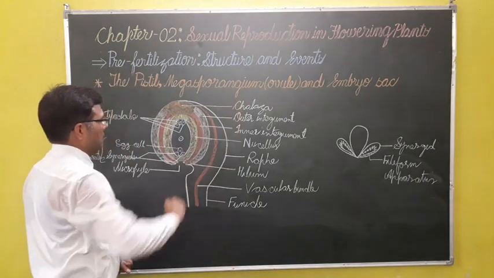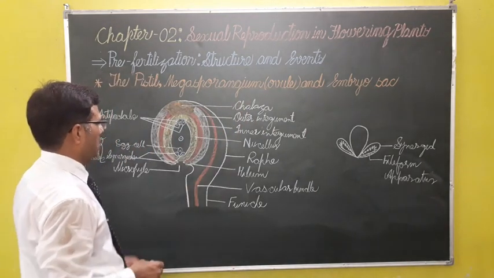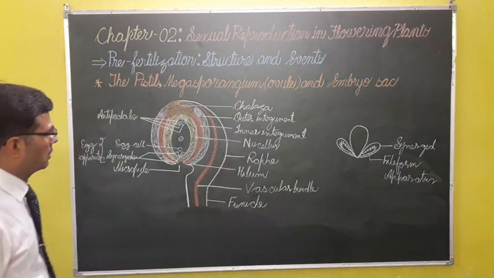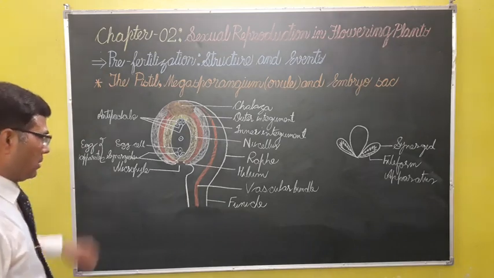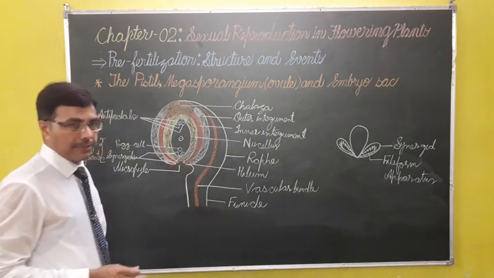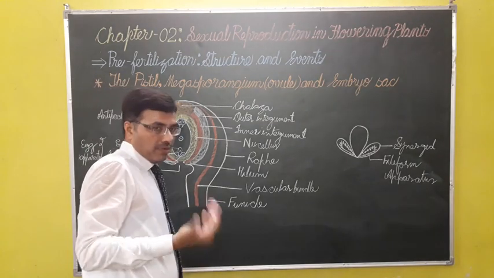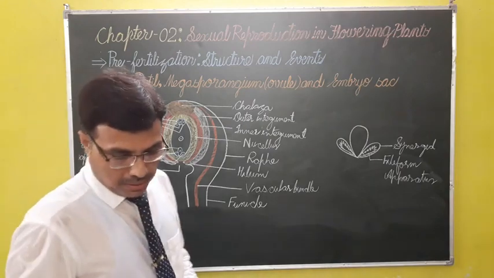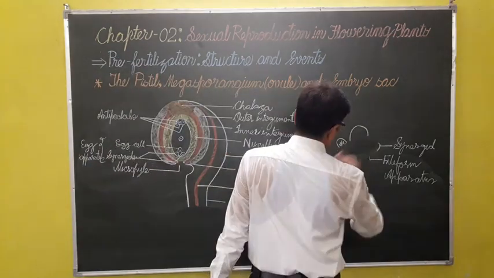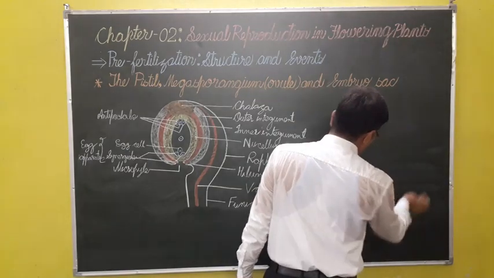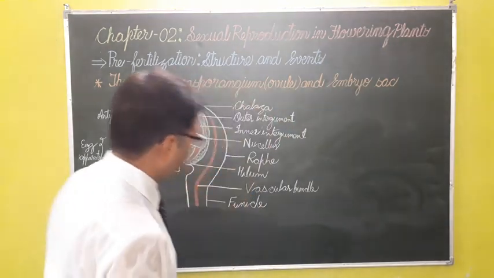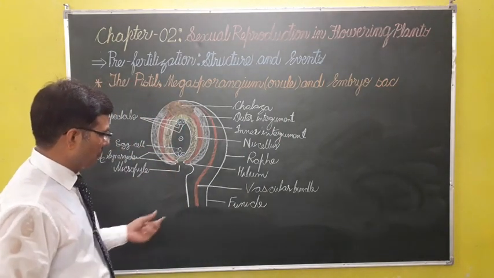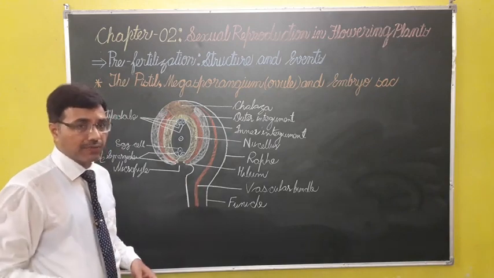Now, this ovule is actually a typical ovule I have drawn right now. Typical ovule. In this ovule, actually, as far as the mutual relationship of the position of the chalaza, the micropyle and the funicle, 6 types of ovules are found.